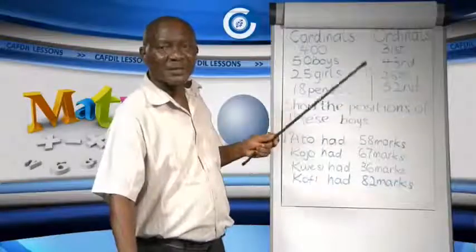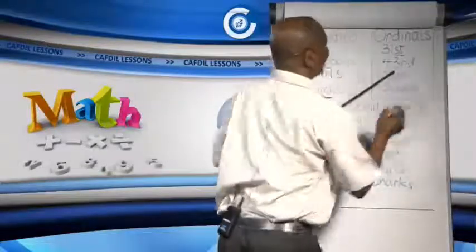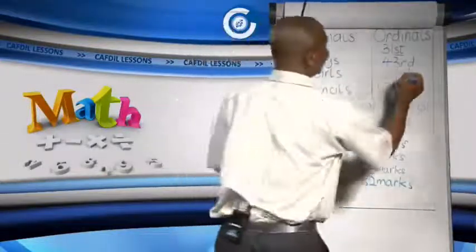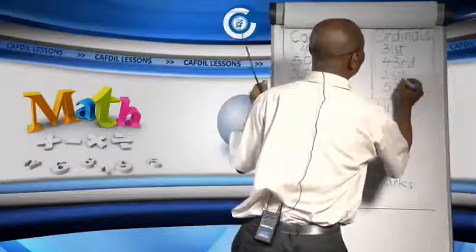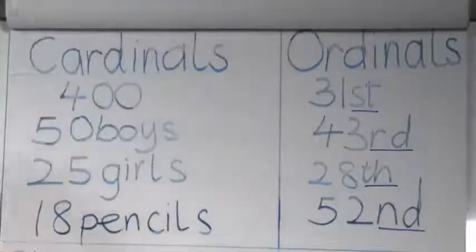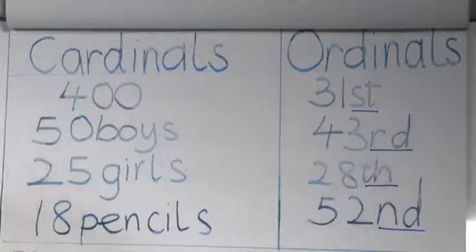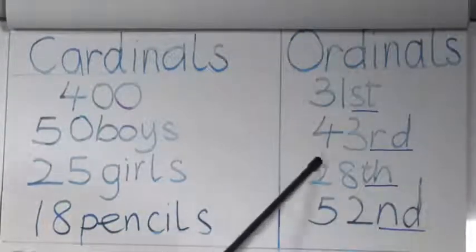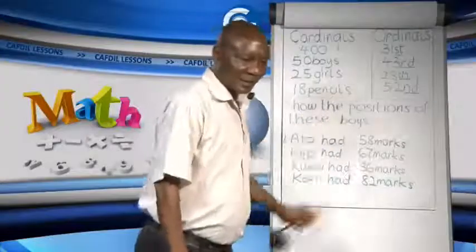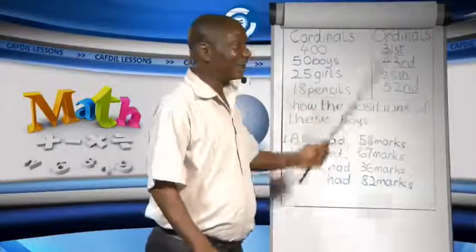They are ordinal numbers because they have ST, RD, TH, and ND. This ST, RD, TH, and ND make them ordinal numbers.